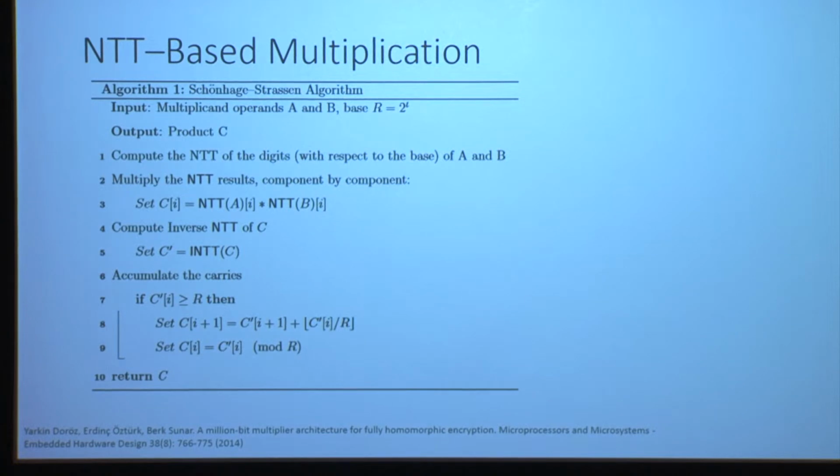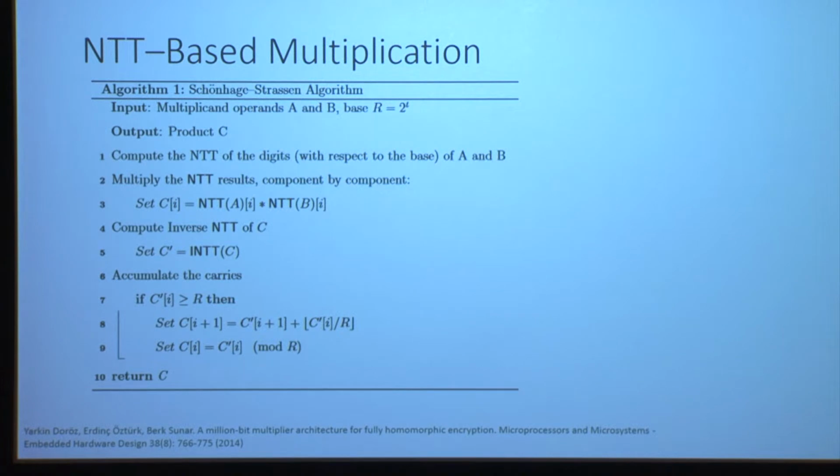Yes, there are NTT-based multiplications. These also reduce the number of core multiplication operations that you need to do for very large numbers. What we do is first, we represent each integer using, let's say, vectors.